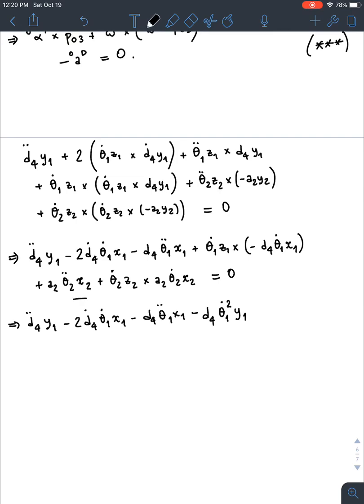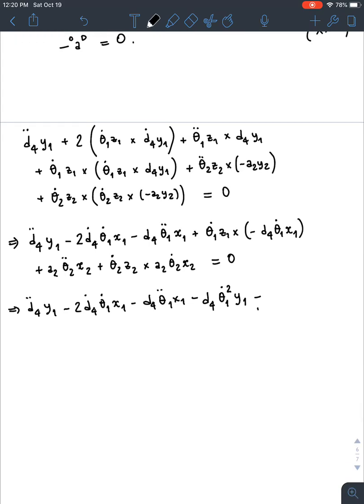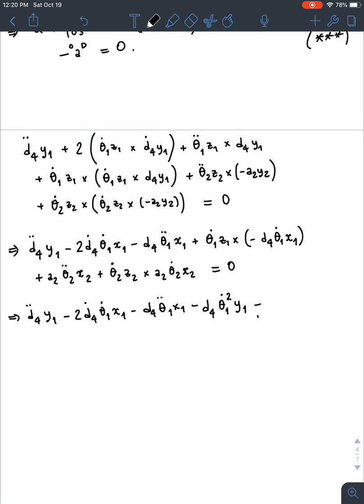Okay. Over here, plus a2 theta 2 dot x2, and then I have a z2 cross x2 term, which is a plus y2, so this is going to be plus a2 theta 2 dot squared y2 equals 0.